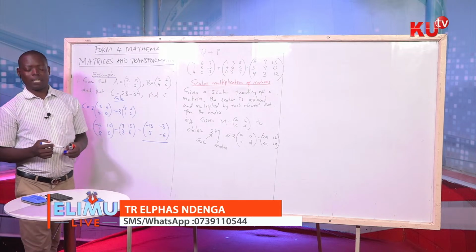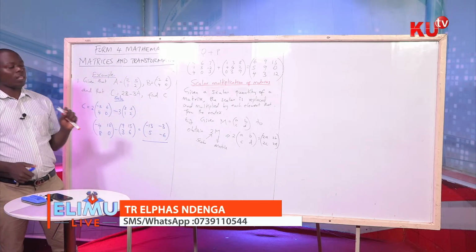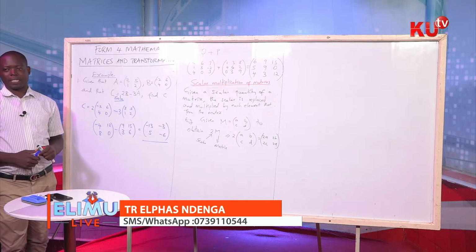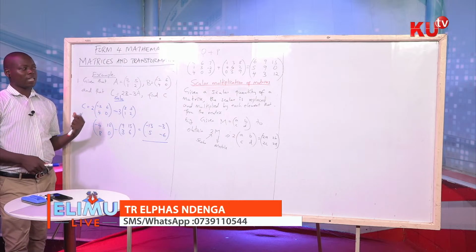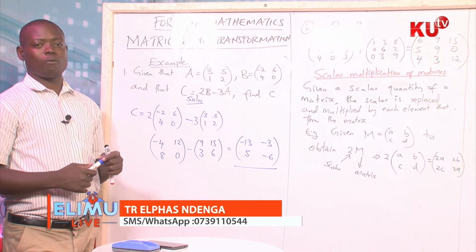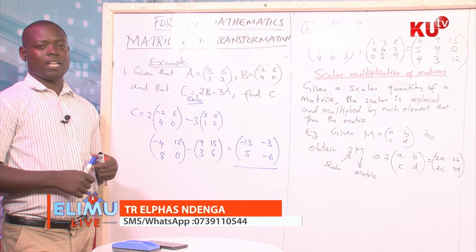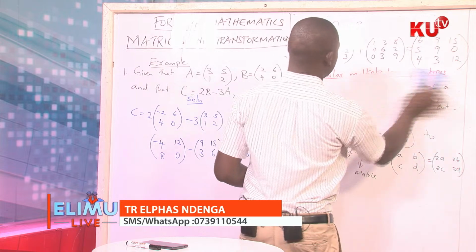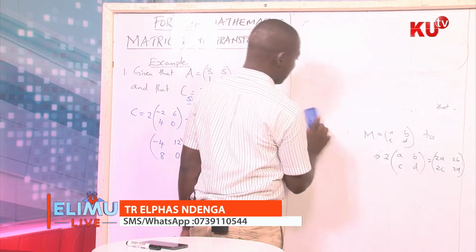That is called scalar multiplication of matrices together with addition and subtraction of matrices. Once we've understood scalar multiplication, addition and subtraction of matrices, students, the final aspect of operations is what we call multiplication of matrices.